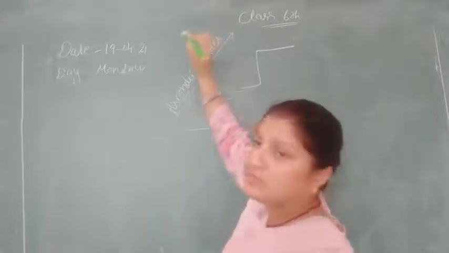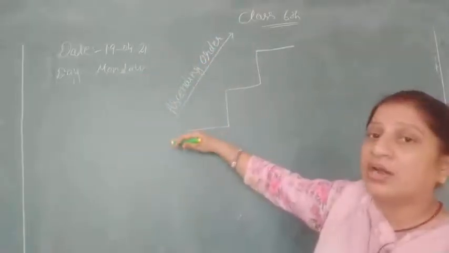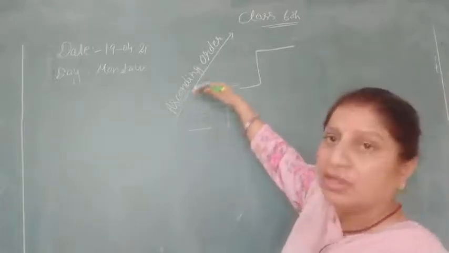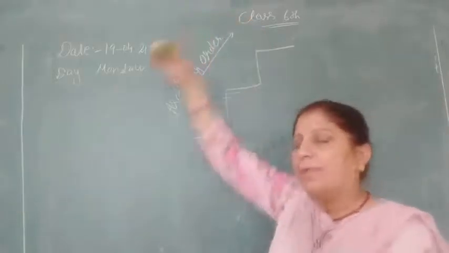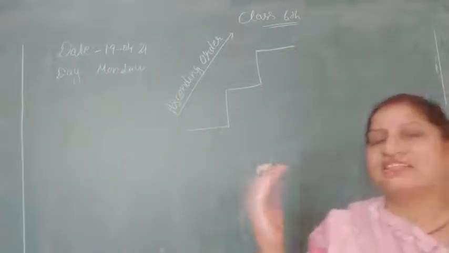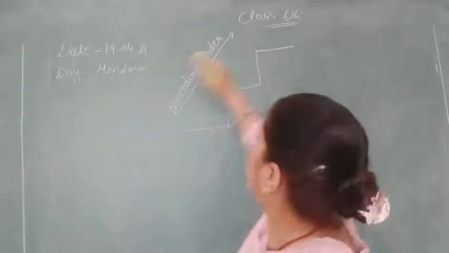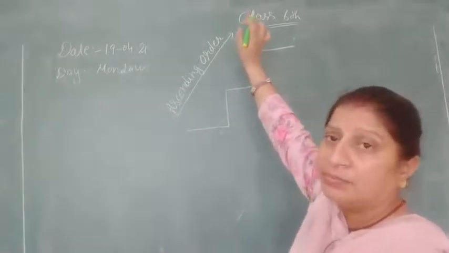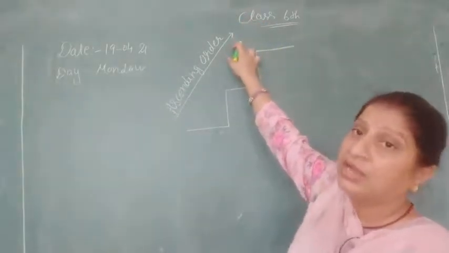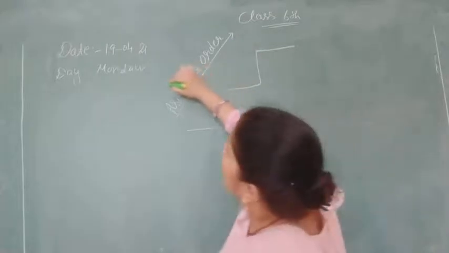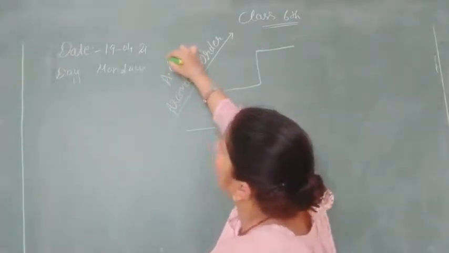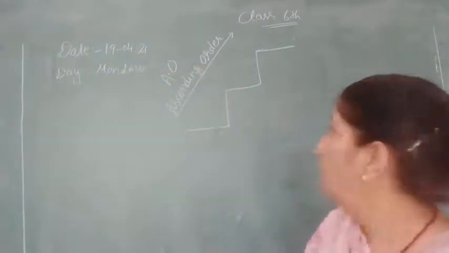Ascending order means we start from the smaller step and we go up and up. It means first we write the smaller number, then we write the greater, and at the end of the question we write the greatest number.